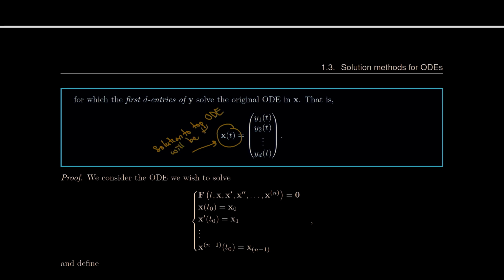It will be the first d entries in the solution to the bottom. So we're going to set it up so that we can solve a first order ODE, and if we look at the first d entries in the vector of the first order ODE, we actually recover the solution to the nth order ODE.